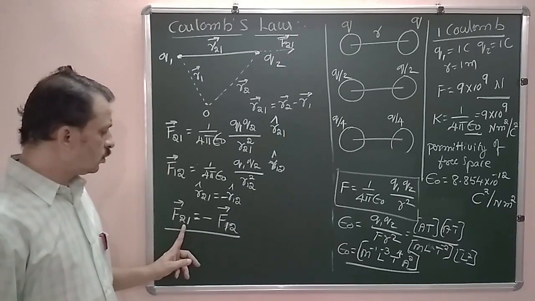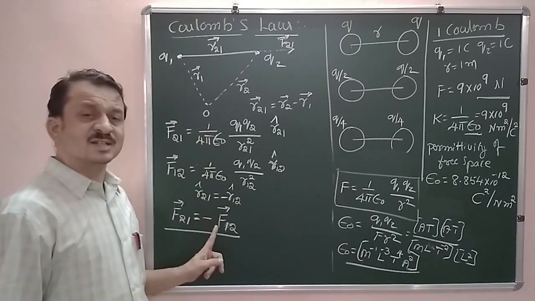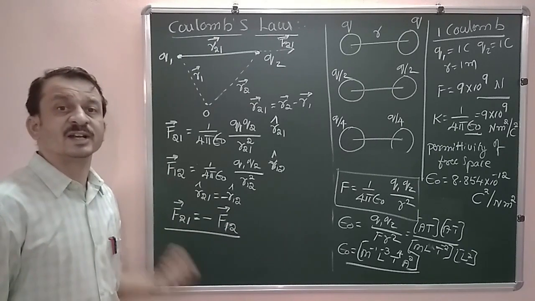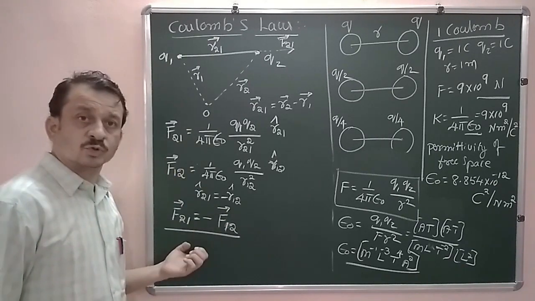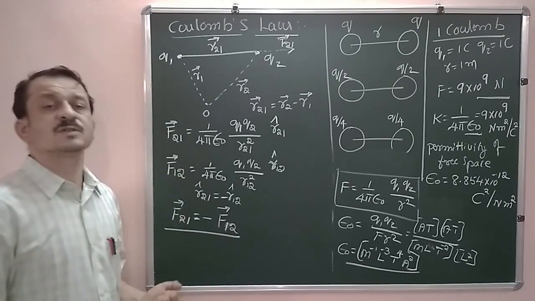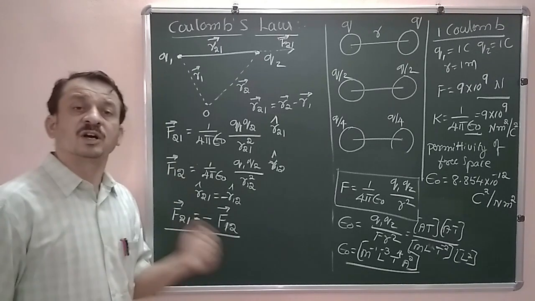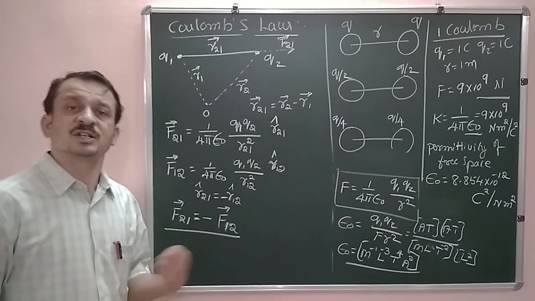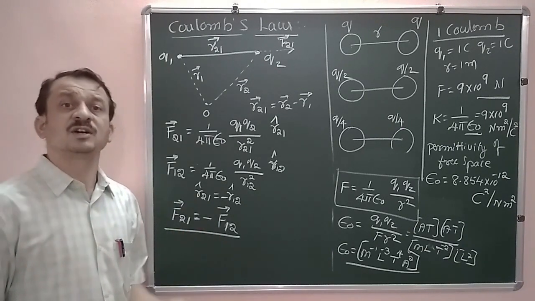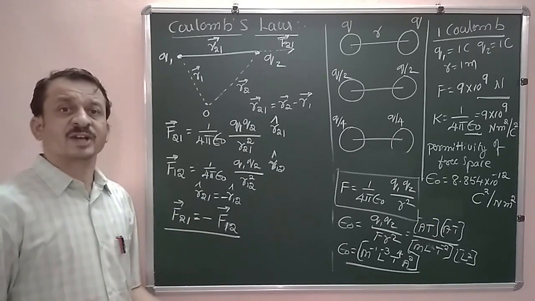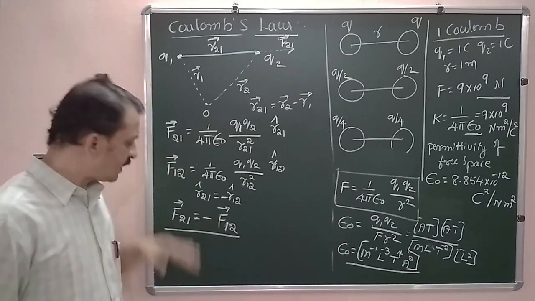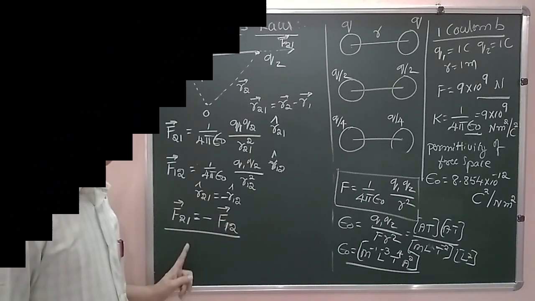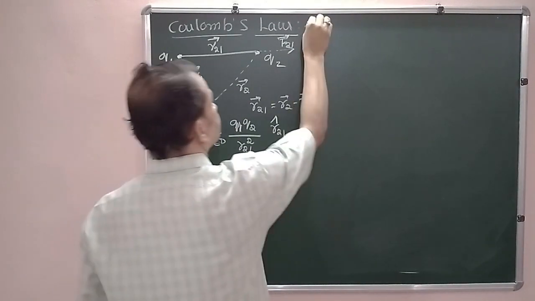Therefore, F21 is equal to minus F12, we can write. Now these pair of electrostatic forces are similar to Newtonian forces. That is, according to Newton's third law, to every action there is an equal and opposite reaction. In the same manner, here we have these two forces equal but opposite in direction.